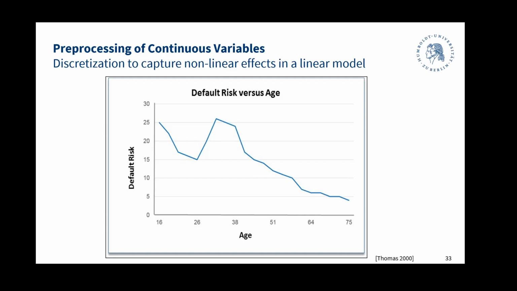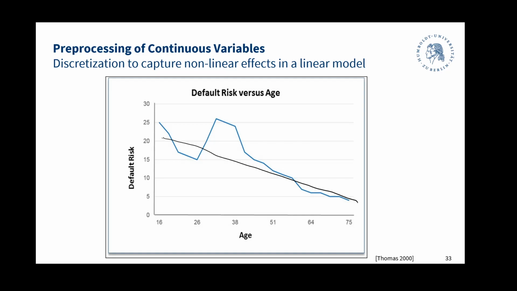Let's say larger values on the y-axis indicate higher default risks and are bad in that regard from the perspective of a financial institution. A linear model could only fit a straight line to this data, which would maybe look like this, right? And it would overlook this bump in the data, which essentially says that young people are very risky to lend to, or very young people.